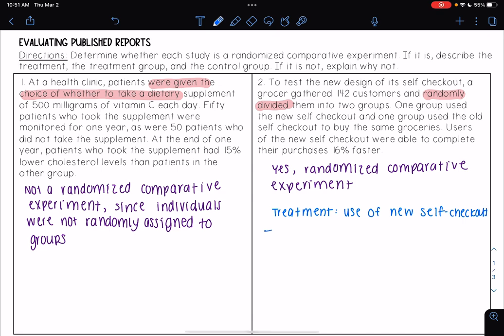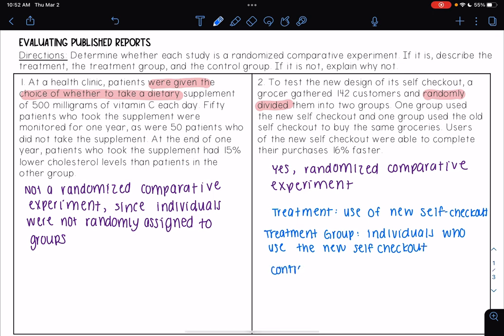And so that means the treatment group is the individuals who use the new self-checkout. And that means that the control group is the individuals who use the old self-checkout.